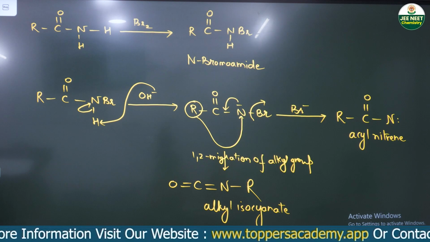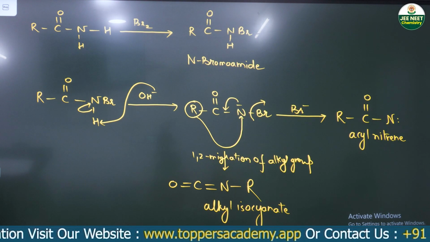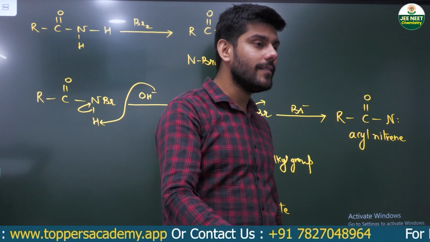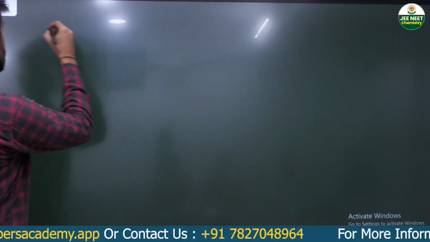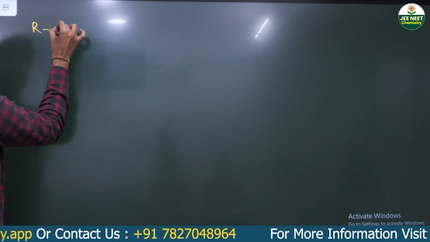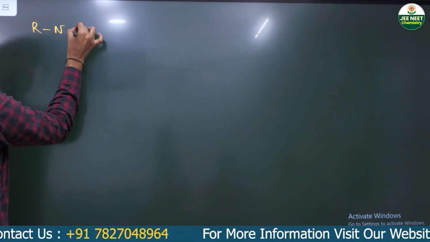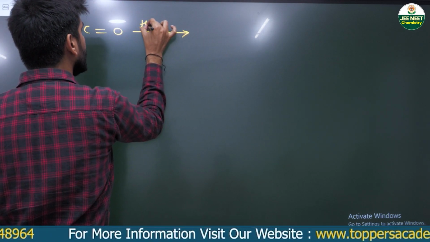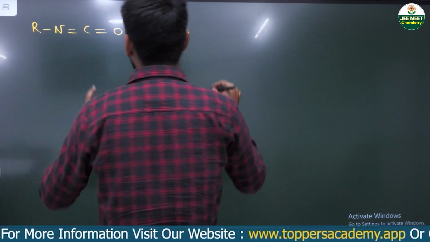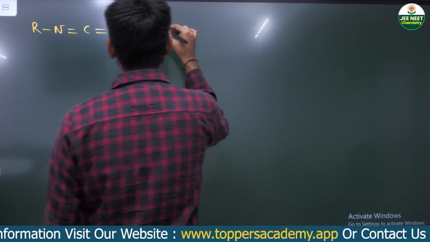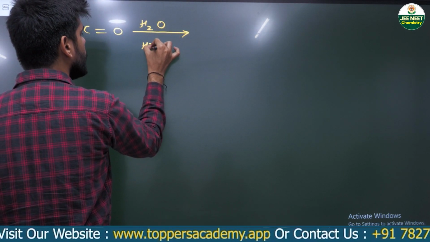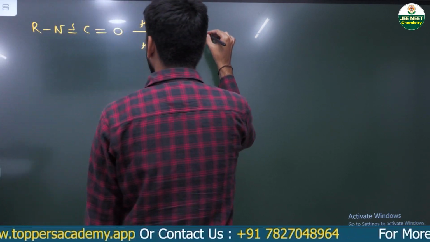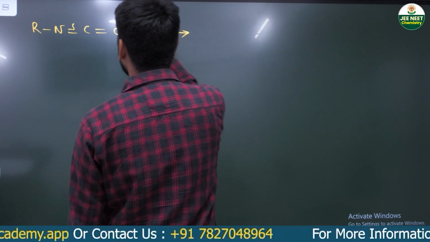Yes, sir. Okay. Now hydrolysis of this will give you the amine. This is R, N double bond C double bond O. Hydrolysis of this will give you amine. So in the first step, what will happen? You have H positive, OH minus. We can break this down, and we know that here we will have partial positive.